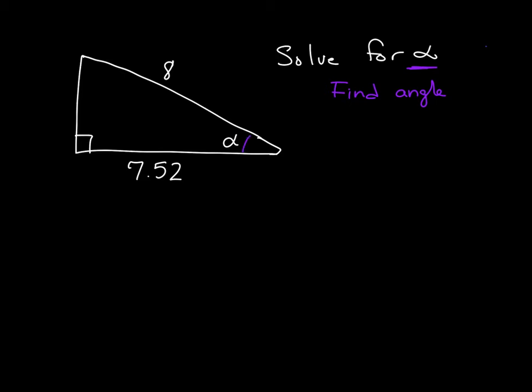So again, this is my angle alpha. In this case, this side is touching the angle, so it is considered the adjacent side. And this, because it's across from the 90-degree angle, is my hypotenuse side. So the trig function that I want to use, remember the acronym is SOHCAHTOA.